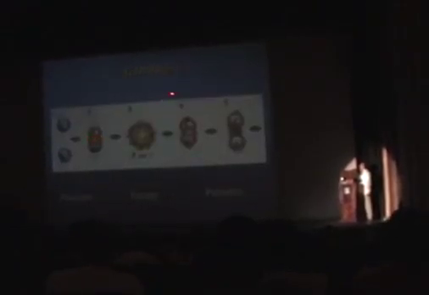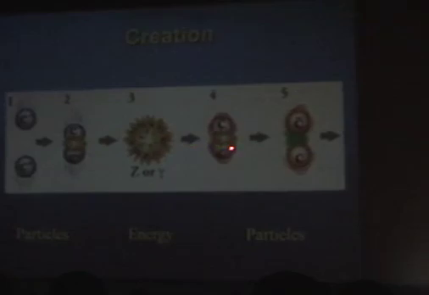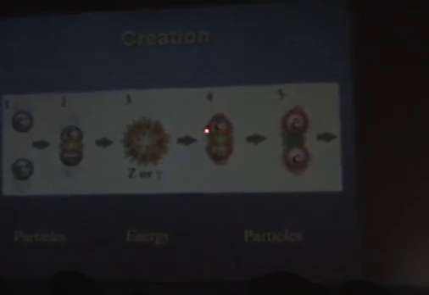There is another part of this recipe: as I said, you can take particles and anti-particles to create energy. But another part of this recipe is that if you have energy, you can create particles out of energy. So you can, from energy, create matter. The only part of the recipe that you have to respect is that if you create matter, you have to create antimatter at the same time.